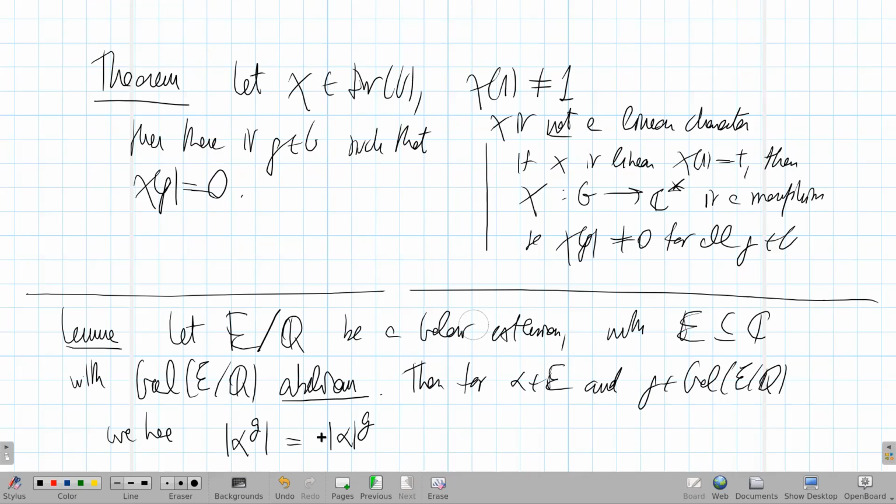I mean, if the complex number is x plus iy, this will be the square root of x squared plus y squared.